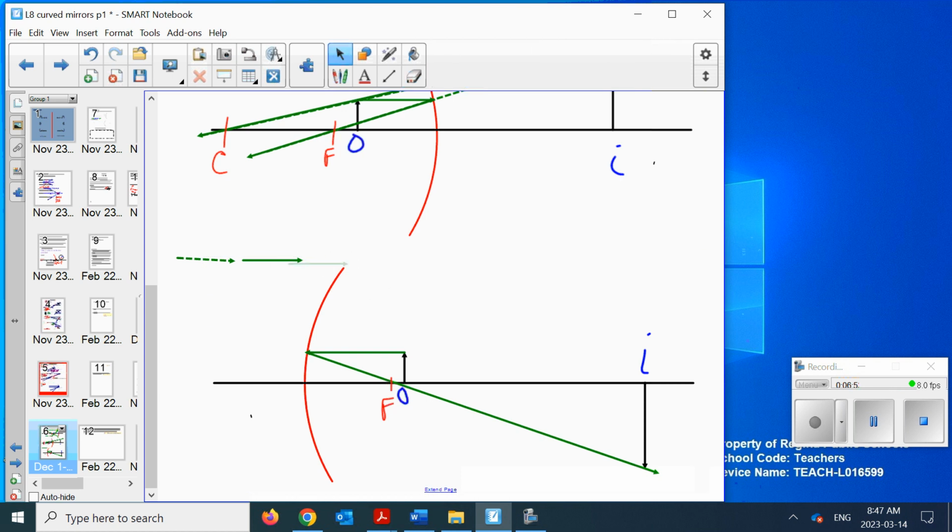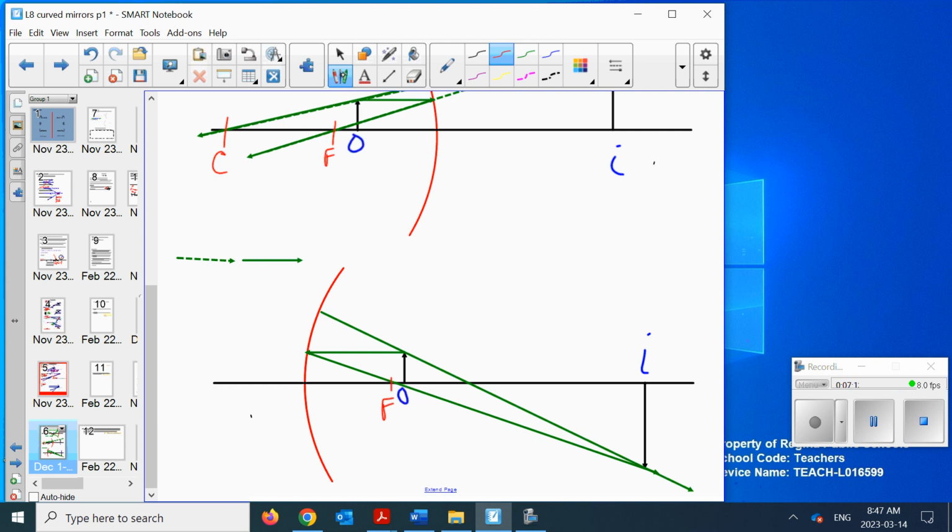Okay, there we are. So this is the old line up the tips of the two things. It hits the mirror and comes back. That will be the center. Okay, there we have it.